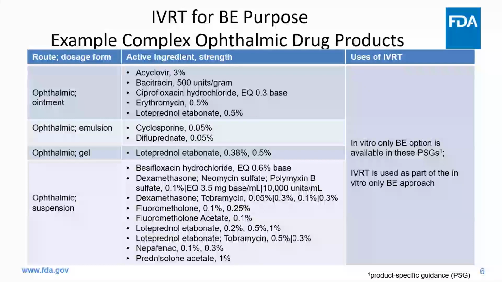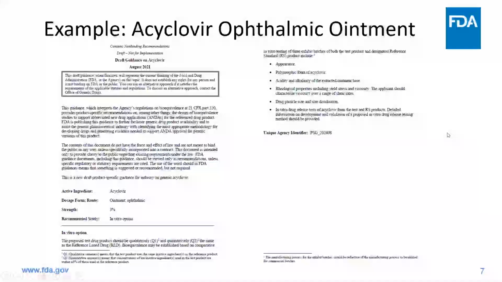As we can see here, there's a wide range of ophthalmic products, including ointments, emulsion, gel, and suspension products. For all of these products, the in vitro only BE approach is recommended in the product specific guidance. And IVRT serves as a part of the in vitro only BE approach.